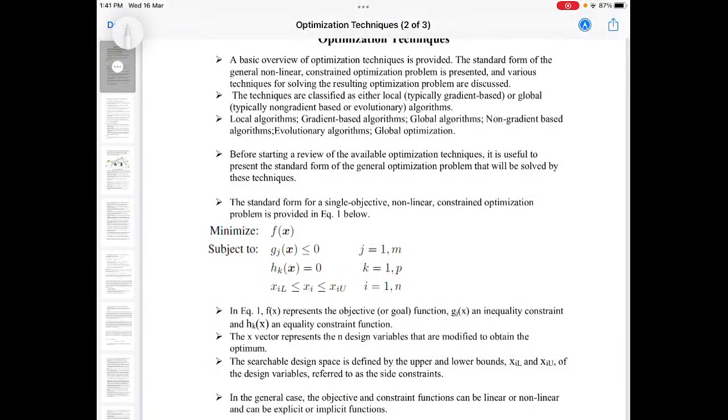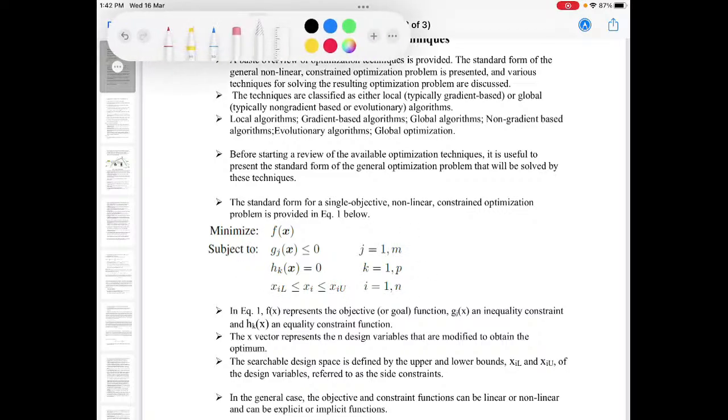Later on we will see what is meant by objective function and what is meant by constrained optimization. Let us mark this as equation number 1.